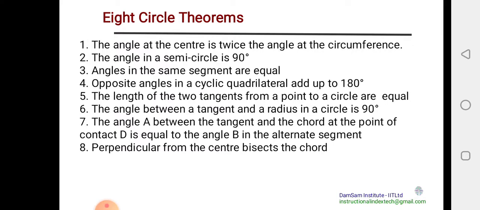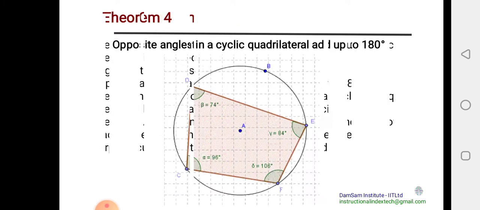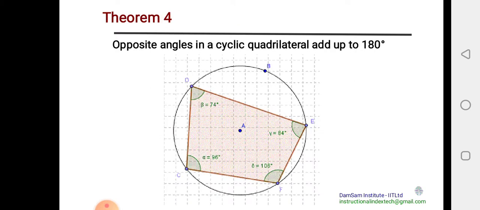Number 4, opposite angles in a cyclic quadrilateral add up to 180. What do we mean by this? Two angles that are facing each other are opposite angles, and when we sum them together, they must be equal to 180 degrees, provided that it is a cyclic quadrilateral. What do we mean by a cyclic quadrilateral?